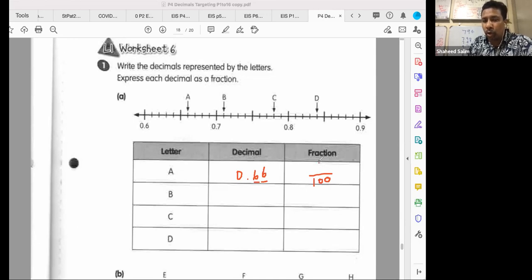Just write this number on top, 66. Now down here you have 0.71. Again, you have 2 digits, so you just write 71 over 100. And the next one is 0.78, so you put 78 over 100.